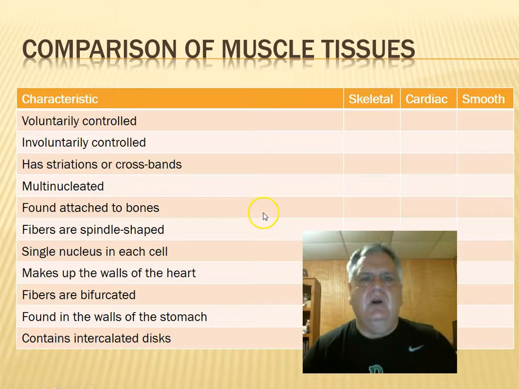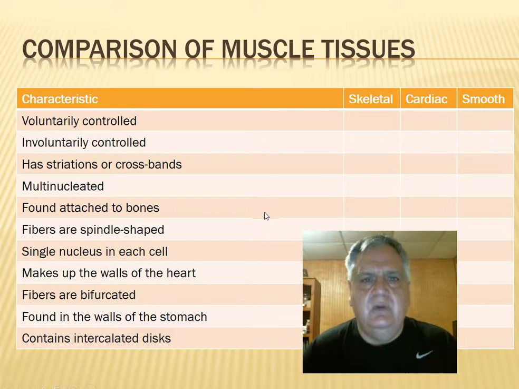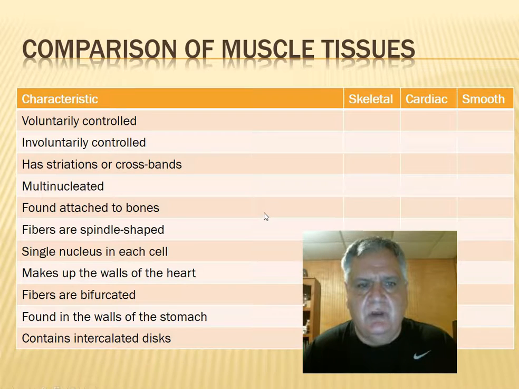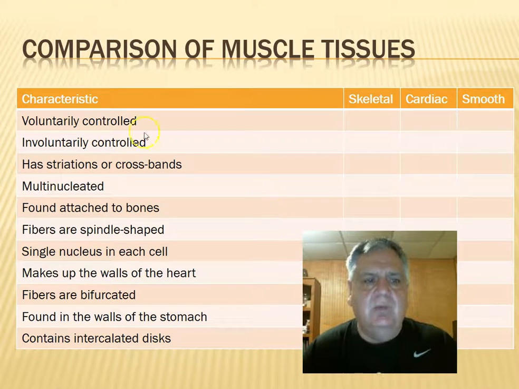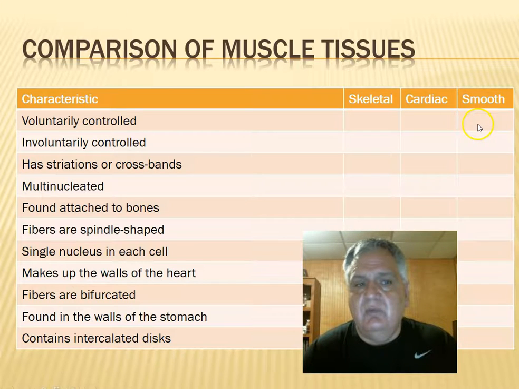Okay, so here's a little chart, and here's what I want you to do. I want you to put the video on pause for a minute. I want you to take a look at this chart, and try to do a comparison of the 3 types of muscle tissues by looking at each characteristic and deciding whether that characteristic pertains to skeletal, cardiac, and or smooth muscle tissue.